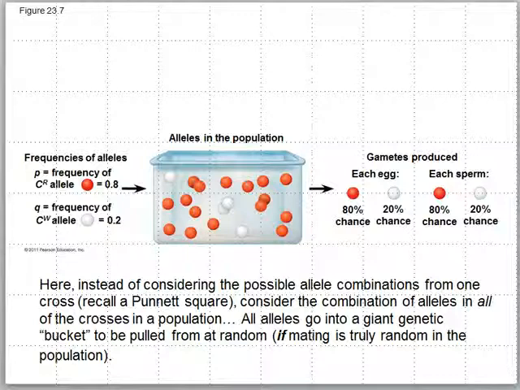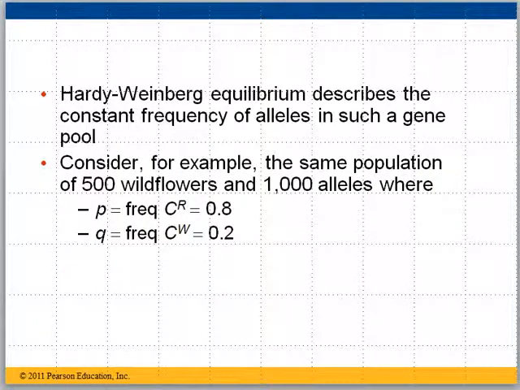So Hardy-Weinberg equilibrium describes the constant frequency of alleles in a gene pool that's in that particular state. So go back to the wildflowers that we were talking about. For example, the same population of 500 wildflowers and 1,000 alleles where the p frequency was 0.8, 80% of the dominant allele, and the q frequency, the recessive allele, was 0.2 or 20%.